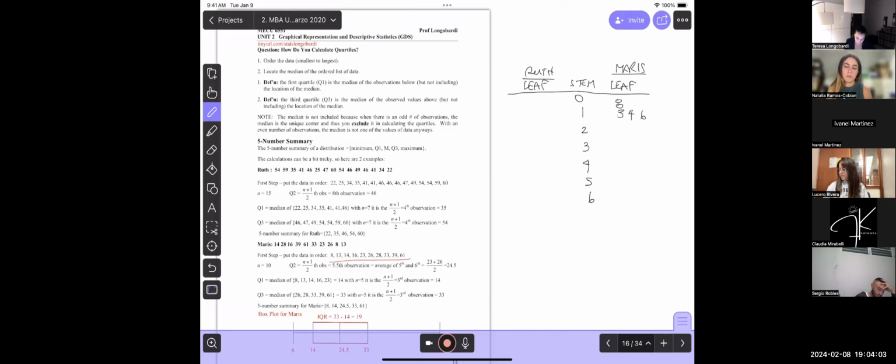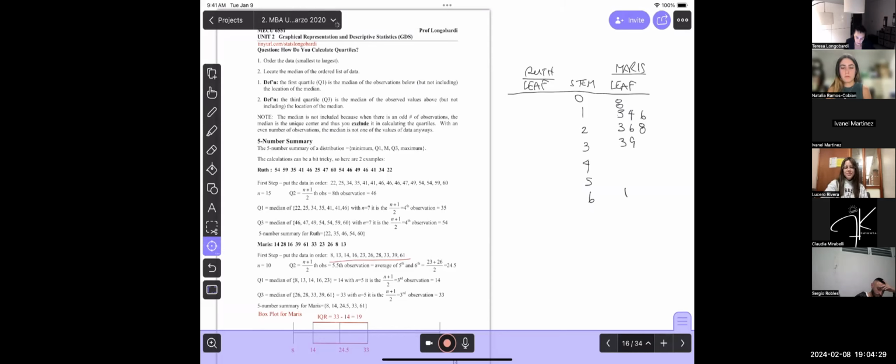In the 20s, it's 23. You put it in the same line, 26 and 28. In the 30s, it's 33 and 39, and then 61 is all the way over here. So that's what I had in the sample problems document.